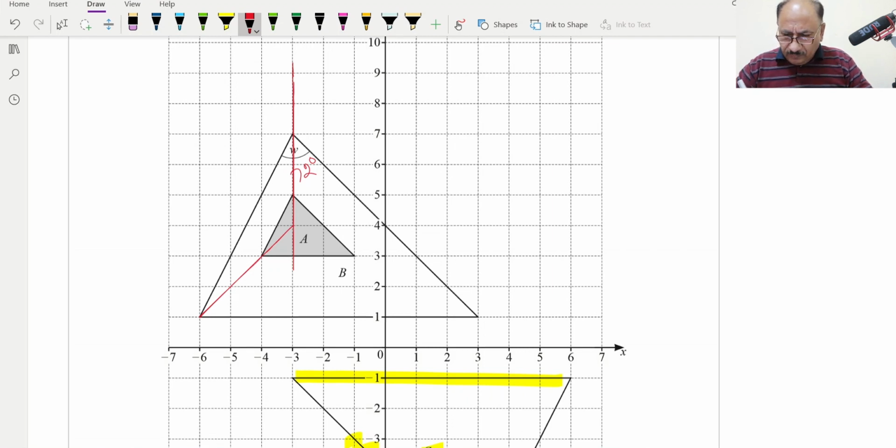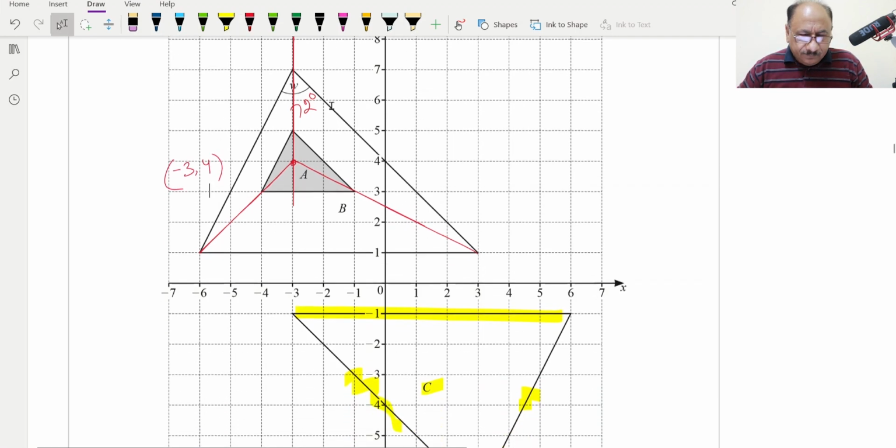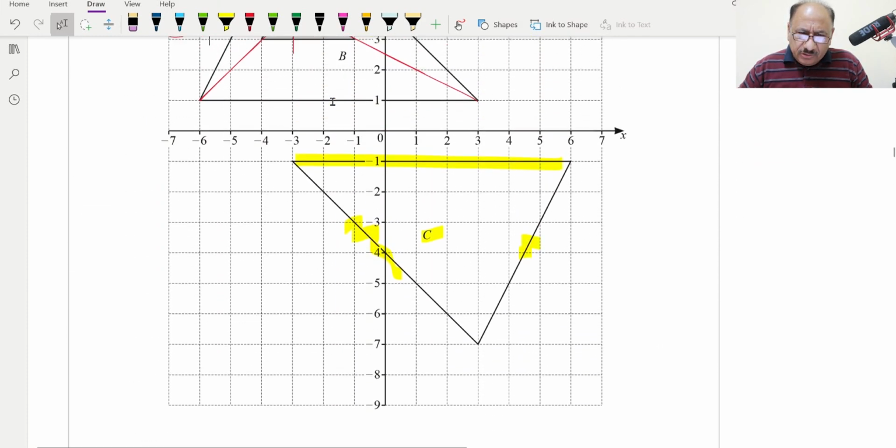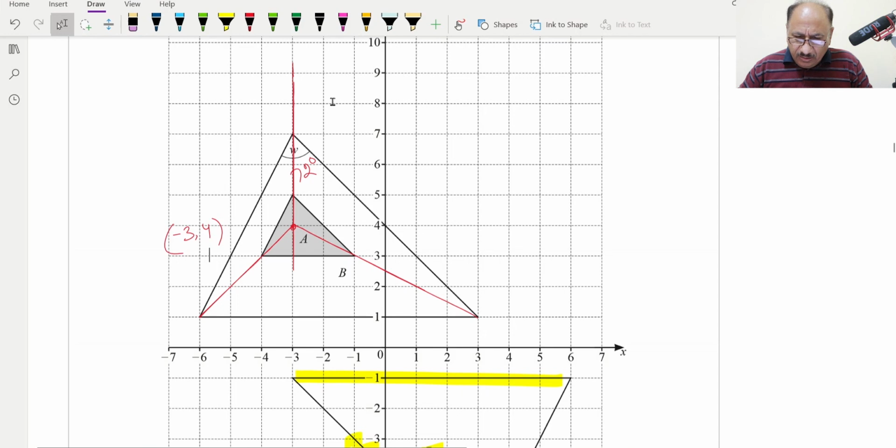So we can see that the center of enlargement is this one, which is (-3, 4). And they are asking for A onto B, so it is enlarged by a scale factor, and the scale factor is 3.